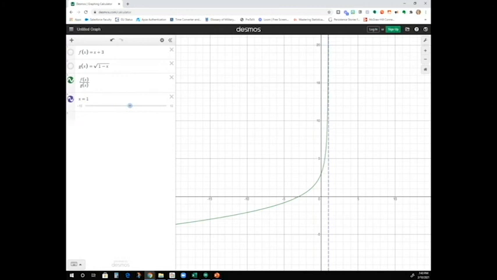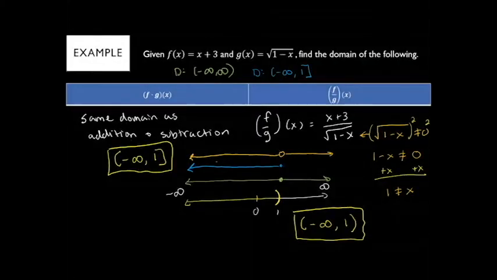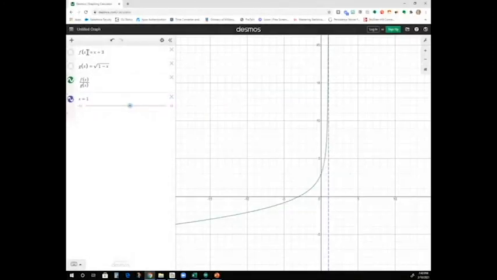And so if you're struggling with understanding domain and these number lines, you can kind of graph it in Desmos to get a different perspective to kind of look at it and understand what it means. So that could help. And Desmos is really nice that it does allow you to use function notation.